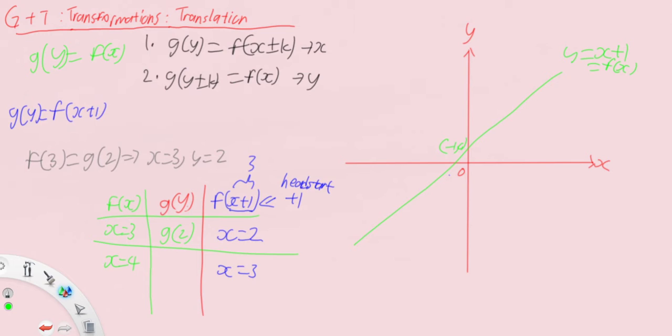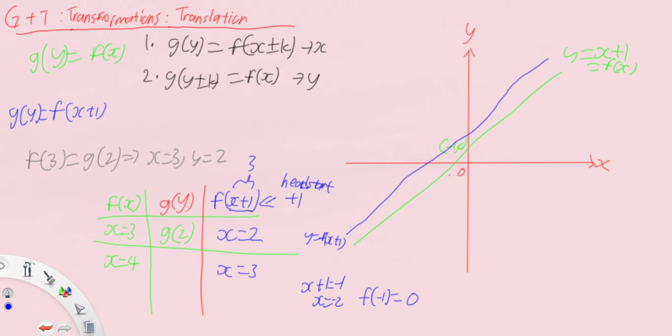Now, because we have x plus 1, the input of minus 1, that means you have x equals minus 2. Because our input is f(minus 1) equals 0, and now that we have x plus 1 equals minus 1, x equals minus 2. So all our x inputs will now be reduced by 1 because of the head start of the plus 1. As such, our graph would just simply be parallel to this, and this would be our y equals f(x plus 1).